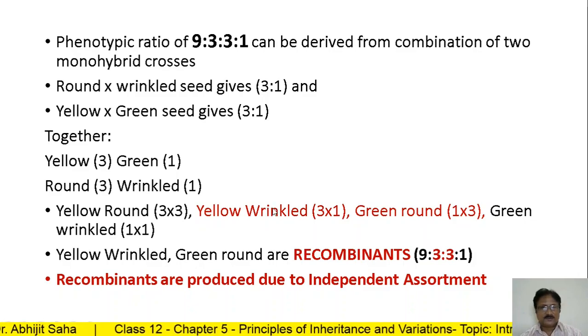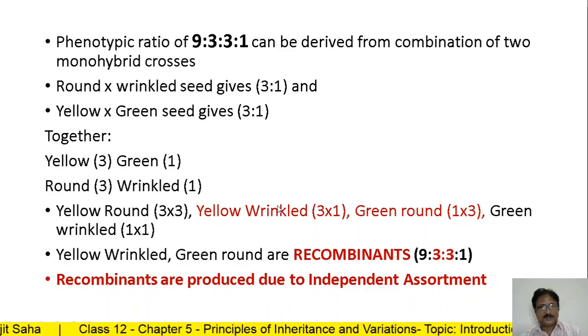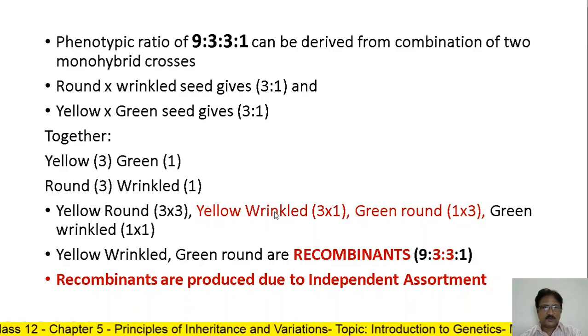Now, after this, Mendel came to the next law, that is the law of independent assortment. He said that these two new combinations are possible because the movement of the factor for yellow is not dependent on the movement of the other character.